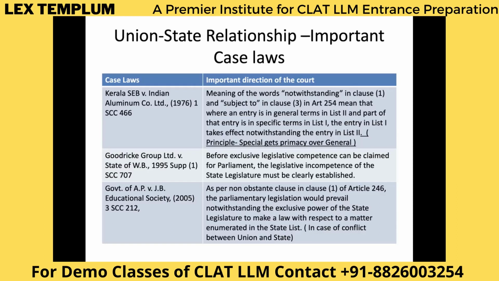In this case, as per the non obstante clause in clause 1 of Article 246, the parliamentary legislation would prevail, notwithstanding the exclusive power of the state legislature to make a law with respect to a matter enumerated in the state list. So it's kind of what would happen in case of conflict between union and state, right?